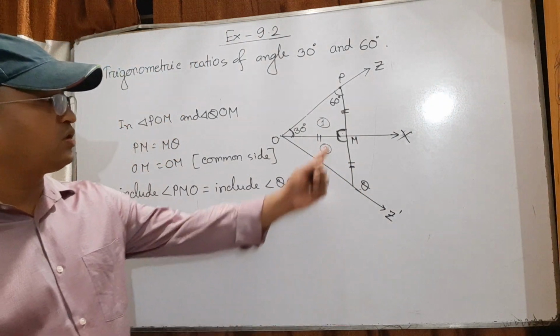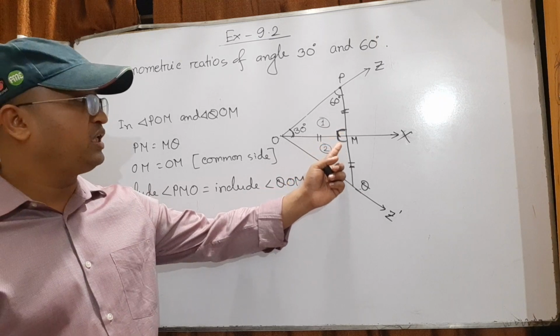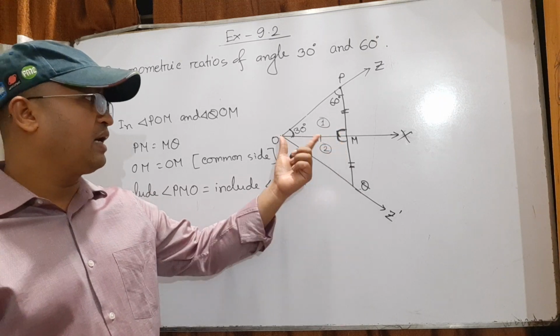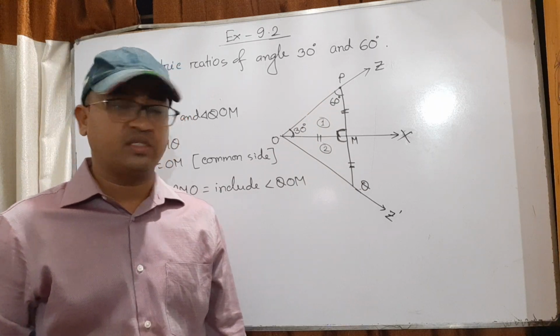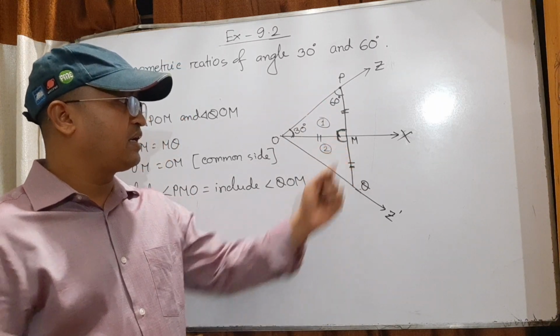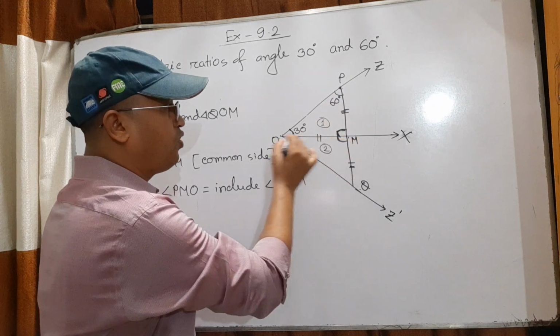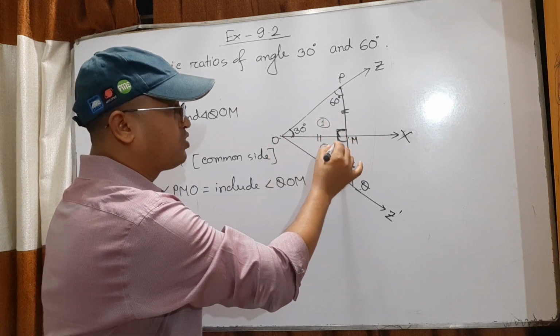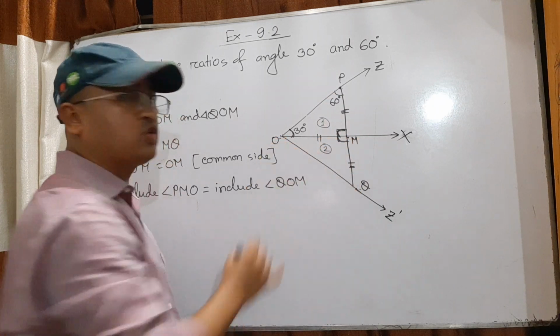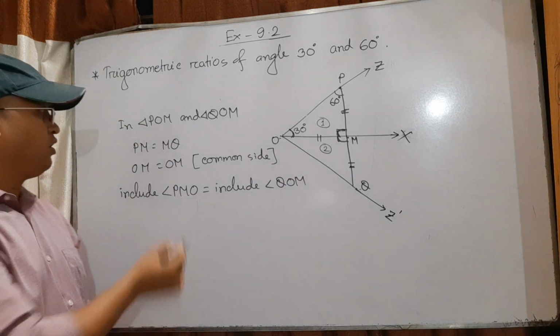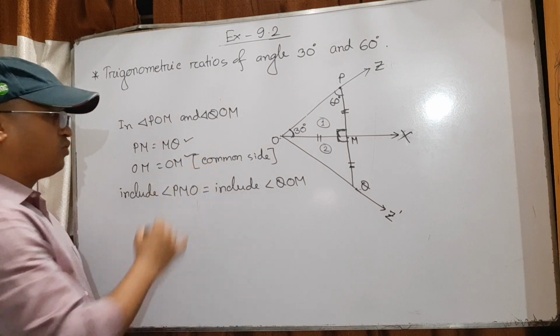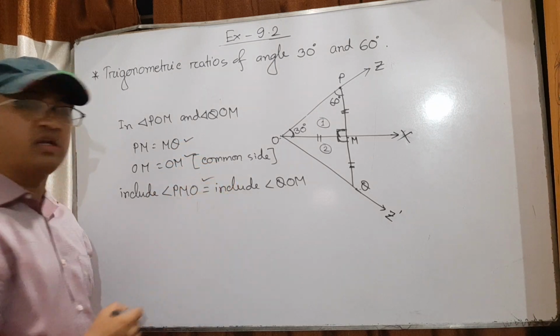Why? Because this is 90 degree, so this will also be 90 degree, as OX and PM are perpendicular to each other. If PMO is 90 degree, QMO also will be 90 degree. So in these two triangles, two sides are equal and their included angles are equal.